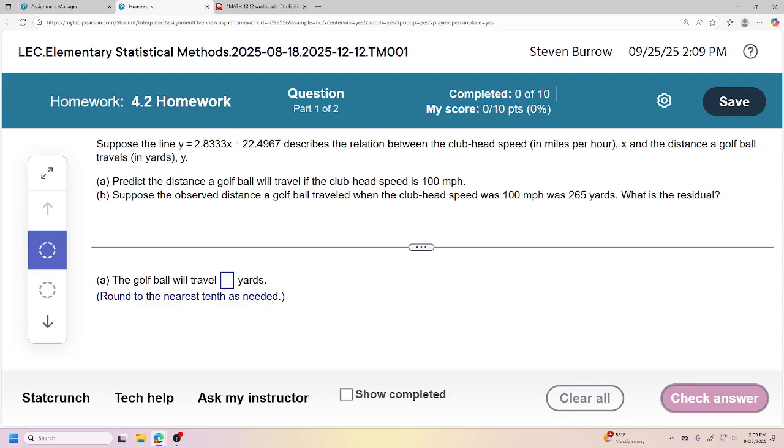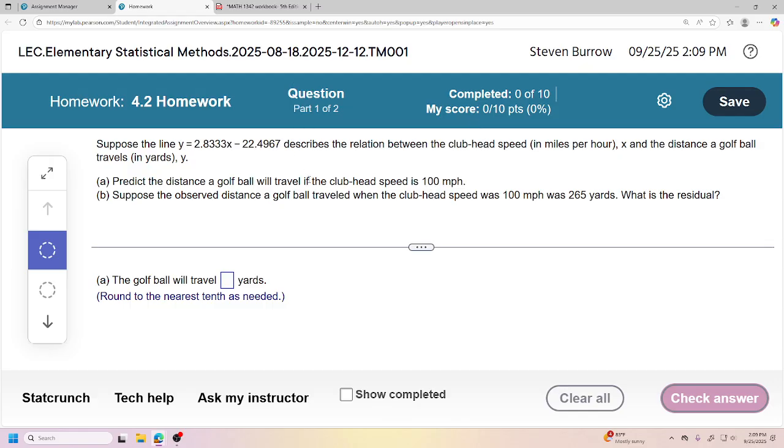So we have this numbery thing here, this line, club speed. Predict the distance for 100. So, like x equals 100. What should we be doing with x equals 100? I'm gonna call it algebra, people. I said x equals 100. What do I do with that 100 right here?